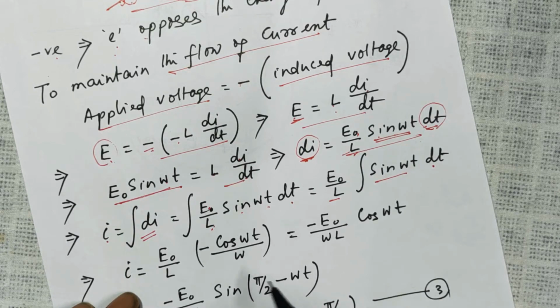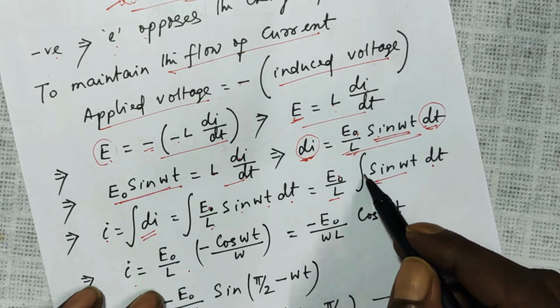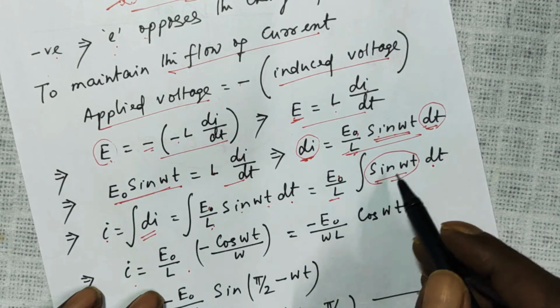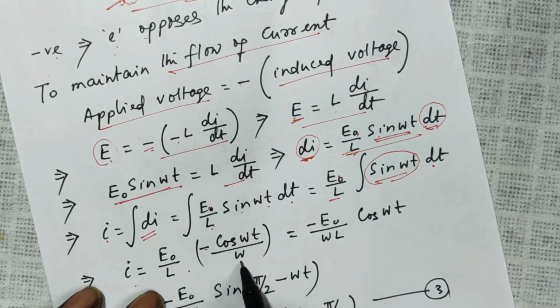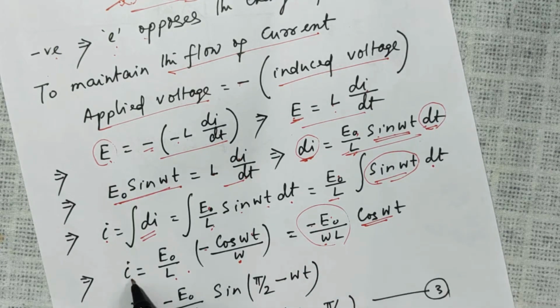Now it is interesting. So I is equal to E naught over L times, as we derived in previous lessons, integration of sin omega t is minus cos omega t over omega. Since omega is a constant, that is also taken out. So minus E naught over omega L cos omega t is your current.